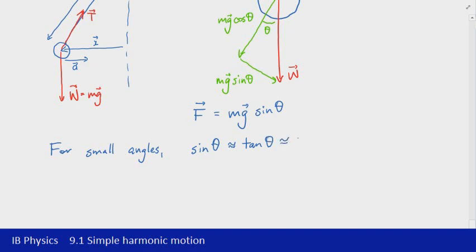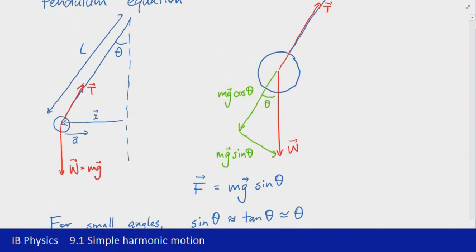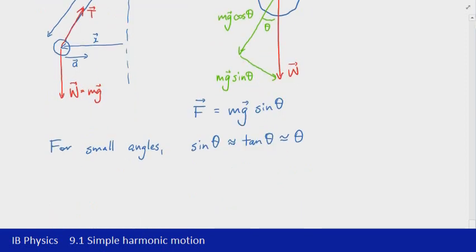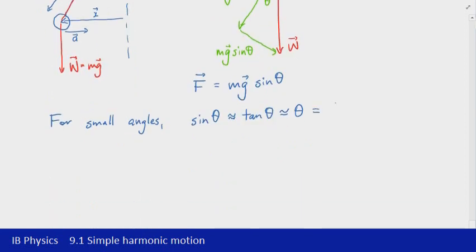Likewise, that's basically the same as the angle theta itself, and in this situation we can see from the diagram on the left hand side here, sin theta is equal to x on L, so all of those approximations are basically the same, and I'll just note down here where theta is in radians.